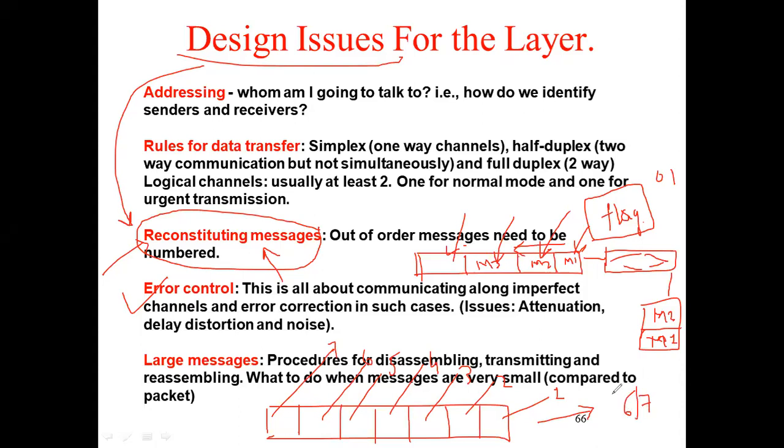With that sequence number, we can easily identify which message comes at which position, and we can form the original message, right? So these were the challenges of the design issues when we talk about layer structure, right?